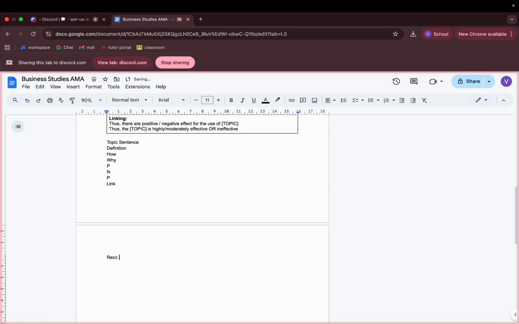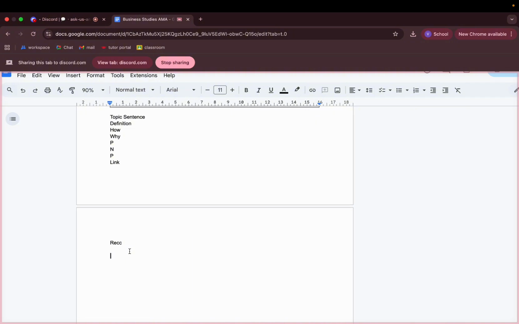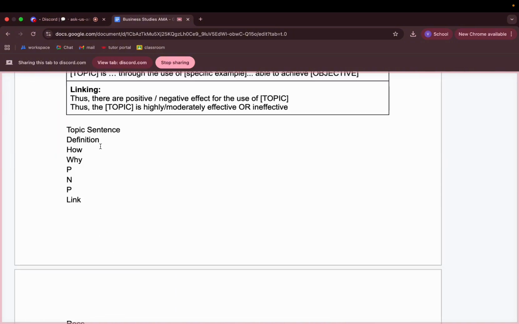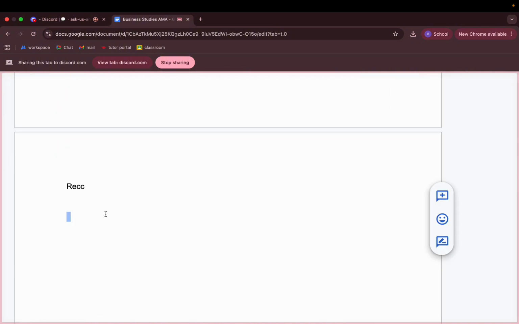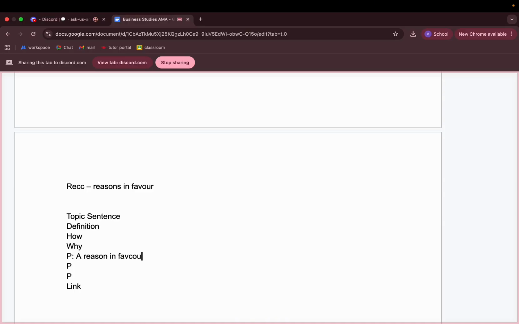For a recommend, what we want is pretty simple. It's just a PPP. And these are reasons in favor. So why would we choose this? And we would start off each positive point with saying, a reason in favor for topic, whatever the topic might be.